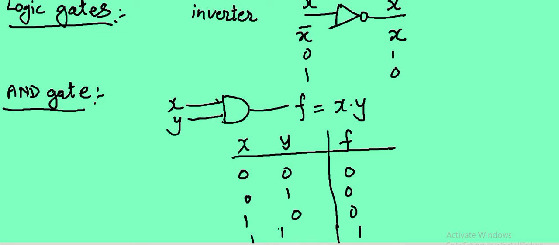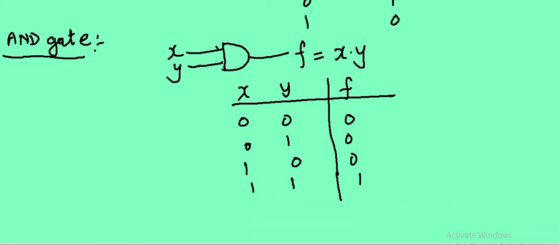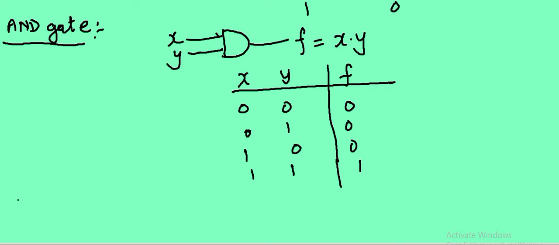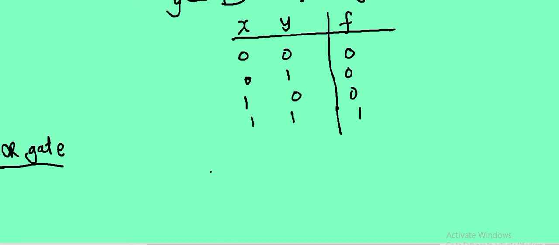Let me put this one under this, so it will be readable, right? Now we have another gate, this OR gate. This is the symbol for the OR gate, and it takes 2 inputs, let's say x and y.